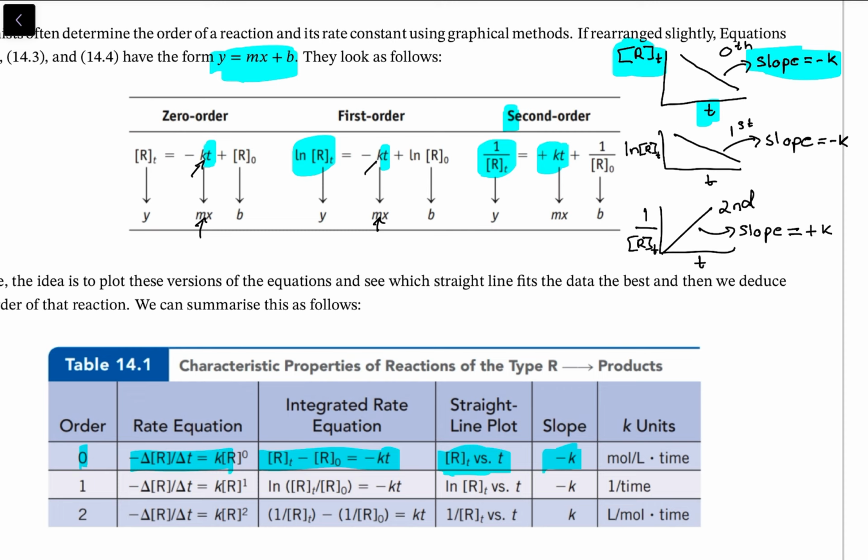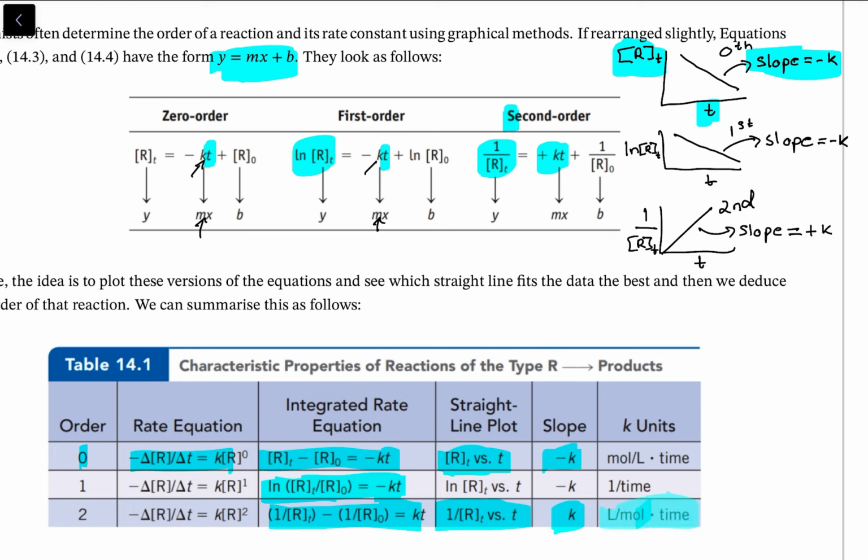What you need to plot in each case, you don't really need to remember. You just need to remember what equation corresponds to what order of reaction, and from that you should be able to infer what the straight line should be, meaning what you need to plot against what, and what the slope should be.